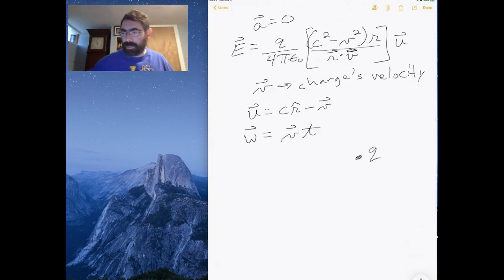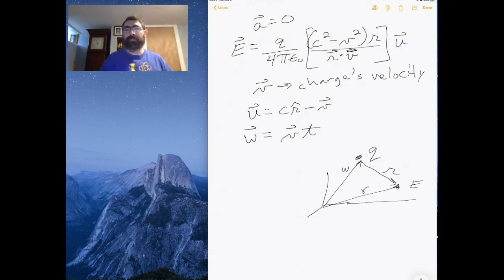So here's our charge q, here's the distance w, here's the point where we're measuring the electric field, and here's the difference script r. Okay, so w is just the velocity of the charge times the time.